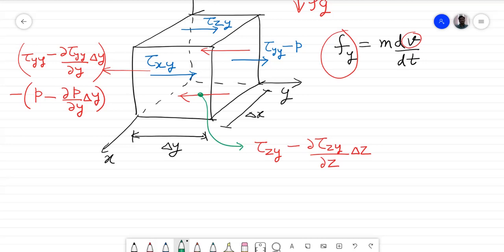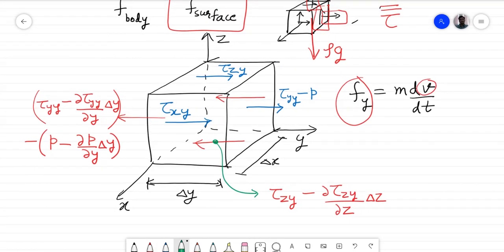Similarly, tau xy, which I can write somewhere here, this will be tau xy minus dou tau xy by dou x delta x, since this is shifted in the x direction by negative delta x.